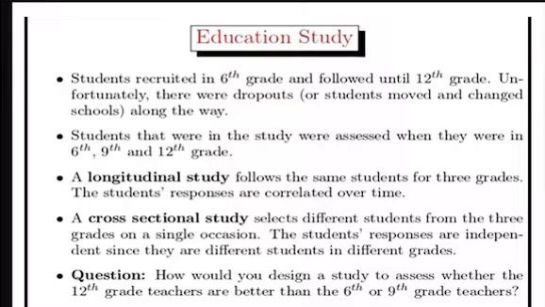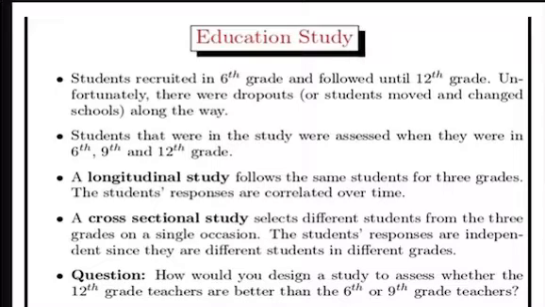That's going to be one of the disadvantages of a repeated measures ANOVA. So the students in the study were assessed when they were in 6th grade, 9th grade, and 12th grade. That makes it a repeated measures ANOVA. If they were only measured at two different time periods, that would be a paired t-test.